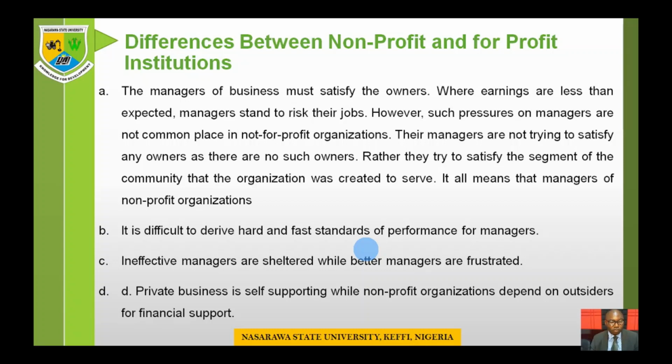D. Private business is self-supporting, while non-profit organizations depend on outsiders for financial support.